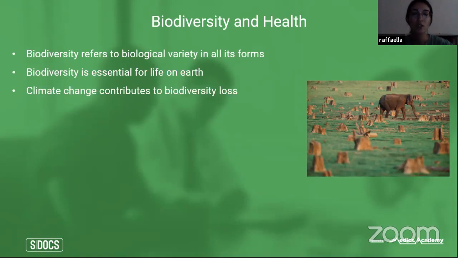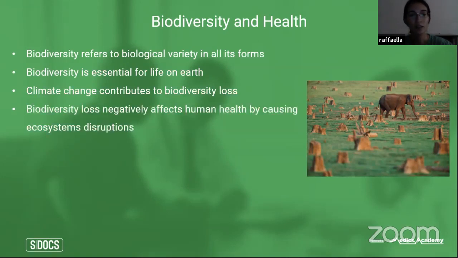Climate change is contributing to biodiversity loss through things like land use change, pollution, ocean acidification, chemical and waste contamination, and long-term changes can cause shifts in the distribution of plants, pathogens, animals, and even human settlements.